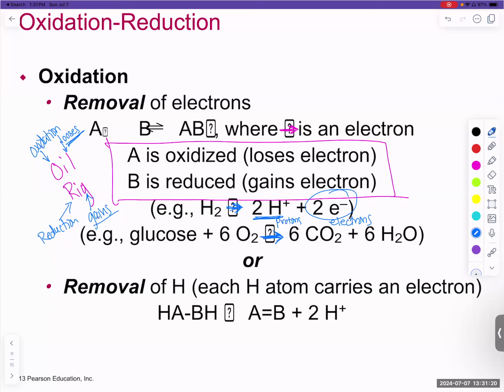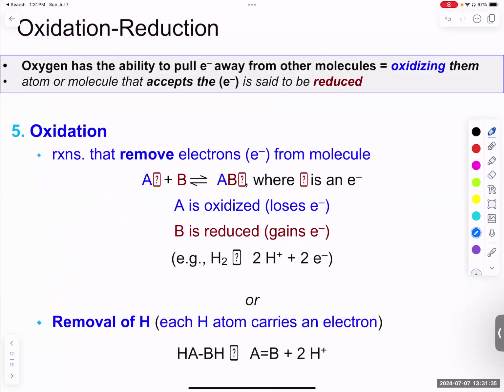Oxidation reduction happens all the time because we're moving around protons and electrons. So with oxidation, you're removing or losing the electrons, or the protons. And in reduction, you're going to be gaining those protons and electrons. Why? Because oxygen has the ability to pull electrons away from other molecules, and so we say oxidizing just because oxygen has that ability.